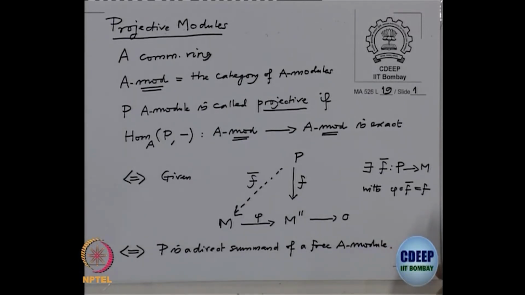In general, every module may not have a basis over arbitrary commutative ring. So, if a module has a basis, then you call it a free module, and then one proves that the number of elements in a basis is constant. I mean, any two bases have the same cardinality, like the theorem in linear algebra.